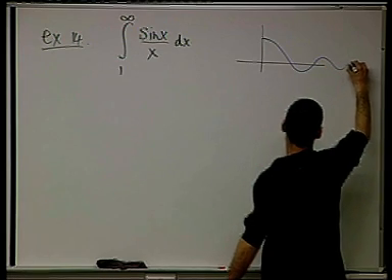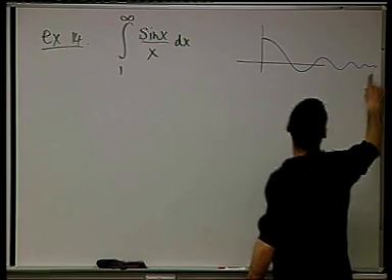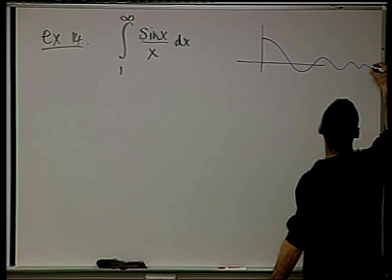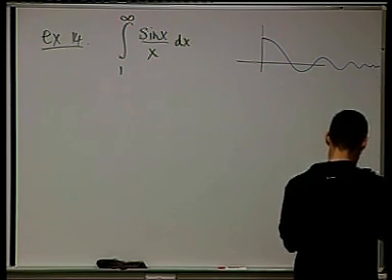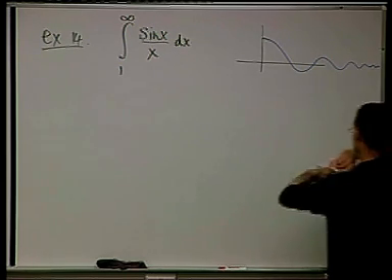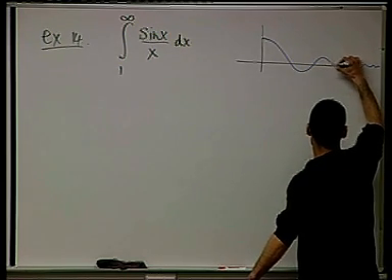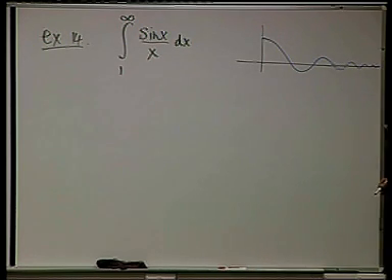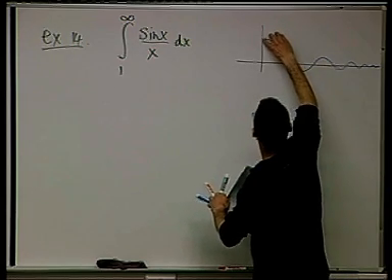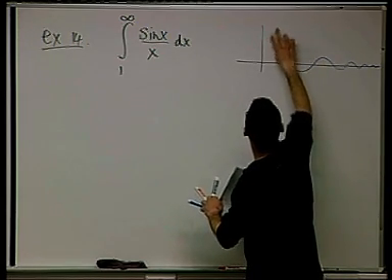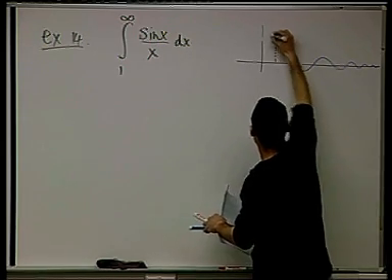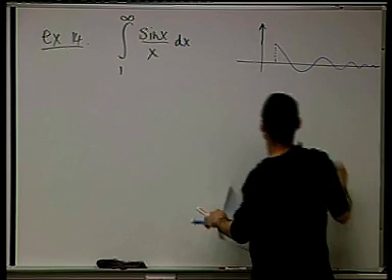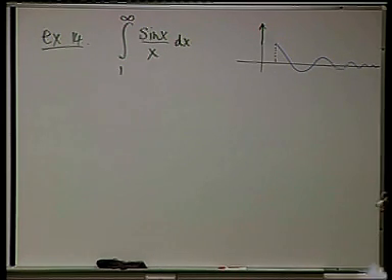It's a sine wave with the amplitude deteriorating as we approach infinity. We're looking at the integral from 1 to infinity, so it's something like this. Okay, this is our function.